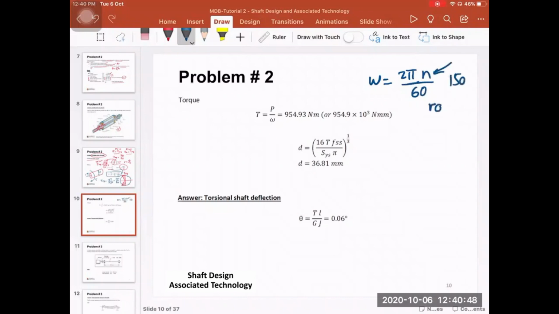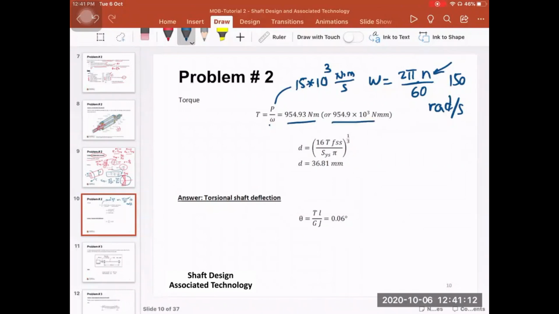So this is going to give you omega in radian per second. Then the power is 15, but remember, multiply by 10 to the power 3. This will give you Newton meter per second, which is watts. And then omega is in radian per second, so this gives you the torque in Newton meter. You can convert it to Newton mm, of course.